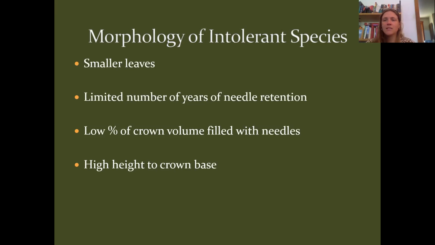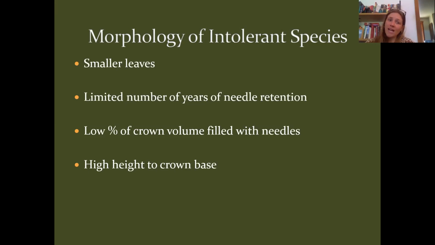That's because if they're keeping needles, these needles are going to be respiring and wasting energy. And as they get older, if they're not able to photosynthesize enough to make it worthwhile to hold on to them, the plant's going to be quicker to drop these needles.